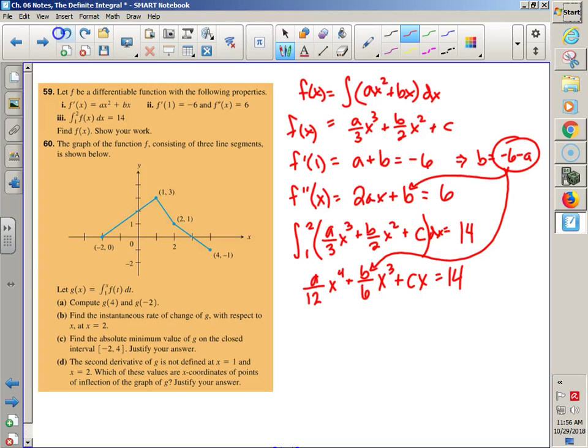What's my other variable that's messing this up? But how many equations do I have?